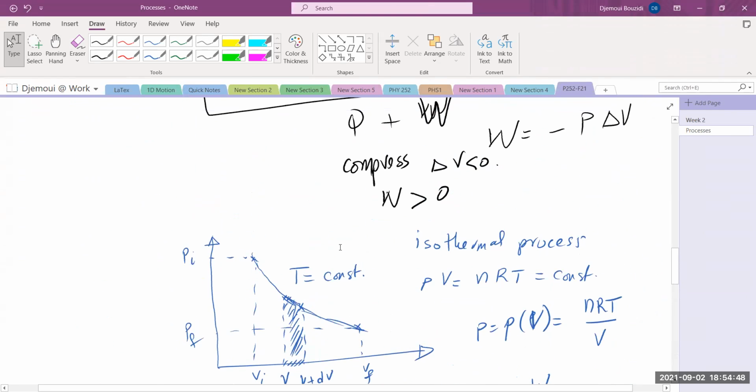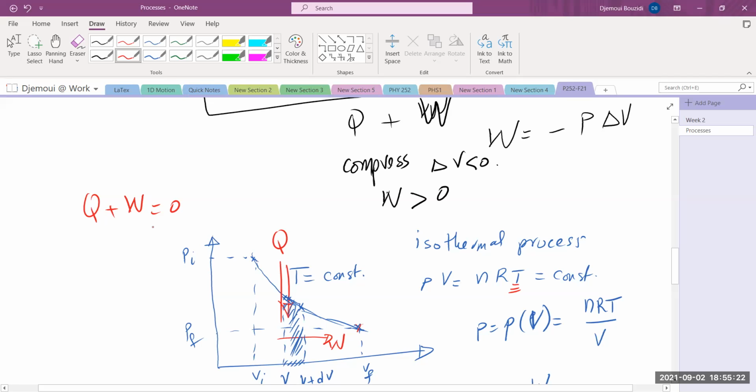So here is what's going on in this process. I'm going to draw it with a different picture, with a different color. Heat, which is positive, is taken from this reservoir. This is a heat reservoir now, because its temperature never changes. We're taking heat from it, and we're doing work in this expansion in such a way that Q plus W is equal to 0, because the temperature is not changing.